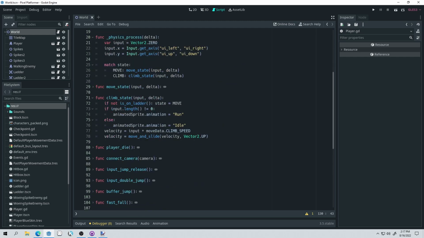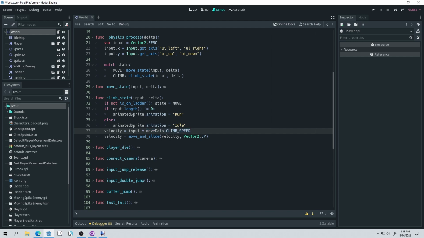We have to do our climb state as well. And actually, we don't have to do our climb state. I forgot. And the reason is because our climb state, see our velocity, this isn't plus equals, it's just equals. So this is a constant, so we don't need to actually multiply.